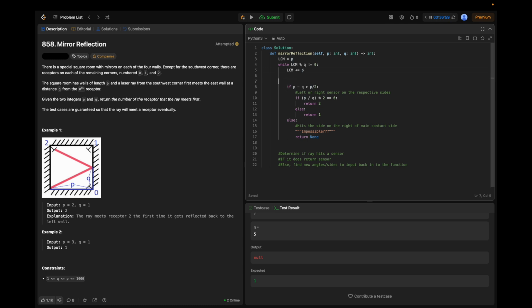I'll say, okay, if, right here, I'll say if LCM divided by Q mod 2 is equal to 0, right?